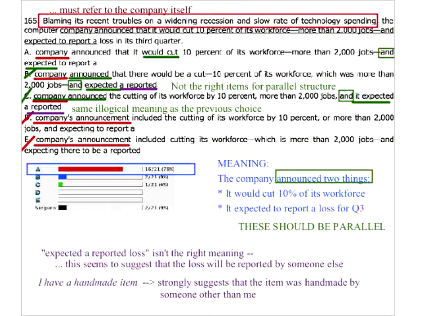So if I handmade the item myself, I would want to say something like I made the item by hand. So I have to use a verb that really suggests that I did this. So same sort of thing. A does this correctly. The company announced this, and the company also expected to report a loss itself. It expected to do that. Whereas in choices B and C, it expected a loss magically reported by somebody else. Kind of like a handmade item.